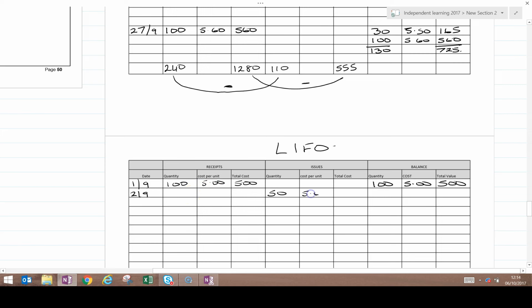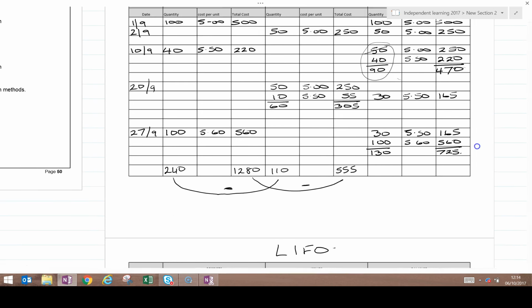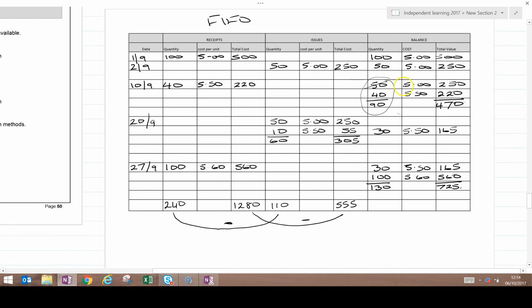So we've issued at £5. So that leaves us with 50 units at £5, which is £250. So currently there is no difference between the Lifo and the Fifo method.